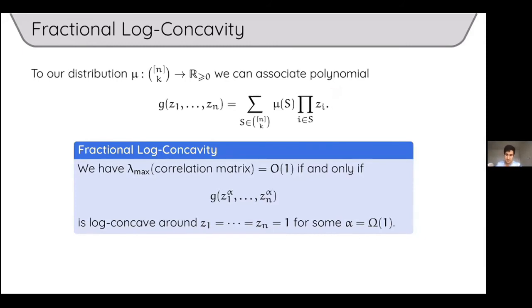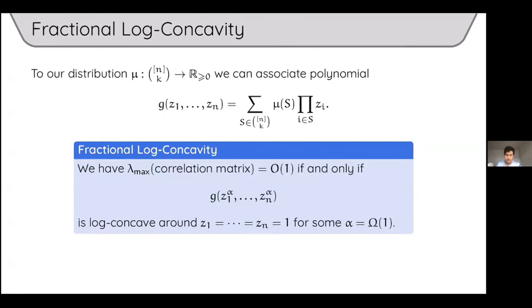It's like a partition function with just these viewed as variables, and having an eigenvalue bound in the correlation matrix basically translates to this language in terms of this polynomial. So think of your polynomial G and then replace the variables by some fractional power of them, like square root Z1, square root Z2, and so on.